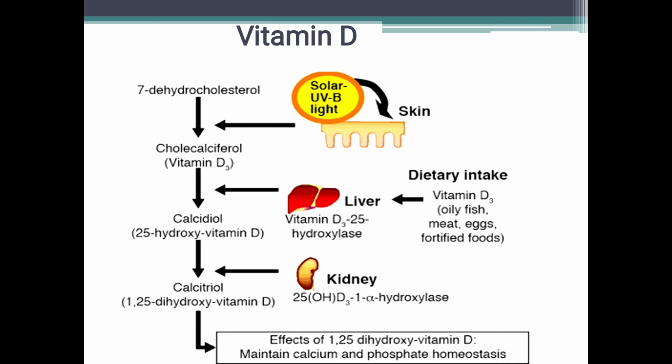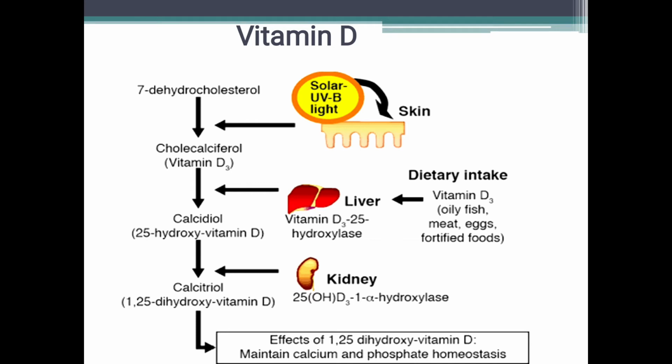So one more important point I forgot to tell you. The conversion of 25-hydroxycholecalciferol to 1,25 dihydroxycholecalciferol requires parathyroid hormone. Under the parathyroid hormone only this conversion occurs. In the absence of parathyroid hormone, none of the 1,25 dihydroxycholecalciferol will be formed.